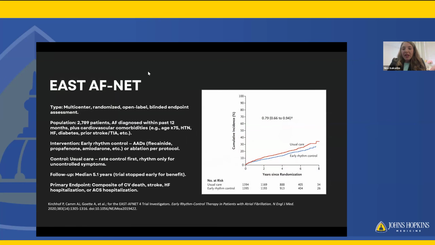So while there are no dedicated studies in this specific population who have absolutely no symptoms, we can potentially extrapolate the results from this study that it could be beneficial even in this group who is minimally symptomatic. But we definitely need more studies to say definitively that yes, you will benefit from ablation even if you have minimal symptoms.